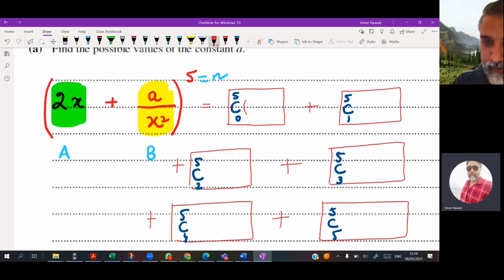So under the brackets, I will write 2x starting from the maximum power 5. This is 2x to the power 5. Now I will write 4. Then I write 2x power 3. Then 2x power 2. Then 2x power 1. Then 2x power 0.